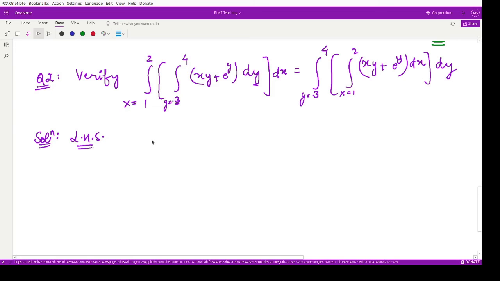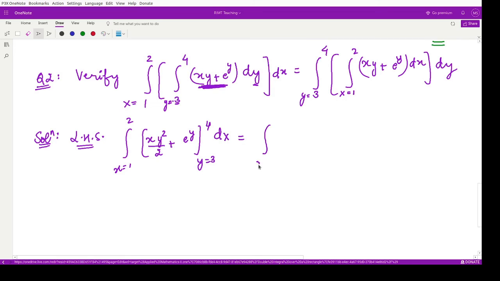So what would be the left hand side? It would be the integration with x varying from 1 to 2, and we integrate with respect to y first, so we'll keep x as constant. So it would be x into y square by 2 plus e to the power y, with y varying from 3 to 4, dx as such.